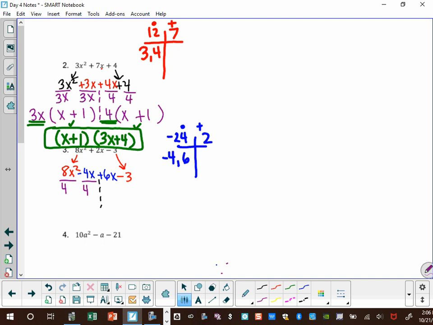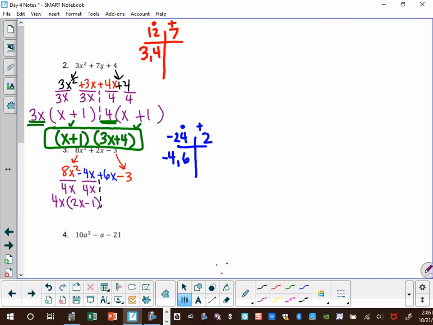It's just x. Once I have my GCF, I pull that out separately so I can divide. What is 8x squared divided by 4x? 2x. And what about negative 4x divided by positive 4x? What's negative 4 divided by positive 4? Negative 1. My x's cancel out. Alright, the left side is done.